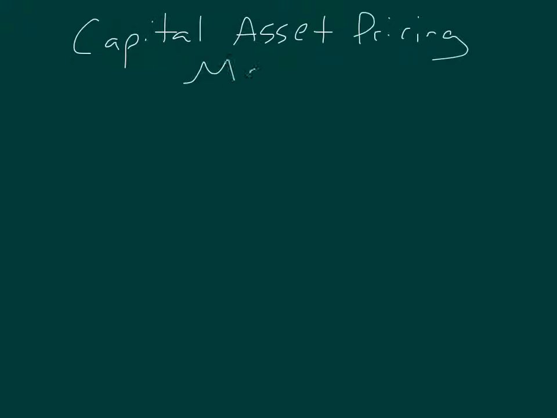Hi, and welcome back. Let's turn our attention now to something in Chapter 7 that measures risk and return called the Capital Asset Pricing Model. Okay, CAPM, sometimes is how it's referred to.